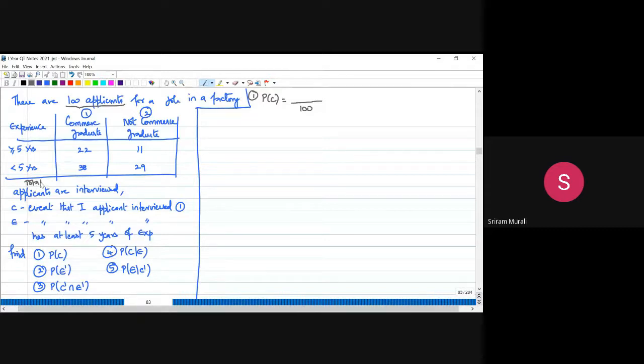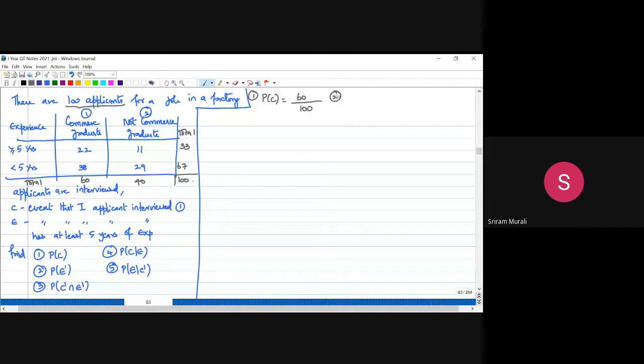You can sum up this total. 60, sir. The other total is 40, it's 33 and 67. The grand total is supposed to be 100. So in 100, how many of them are commerce graduates? 60.